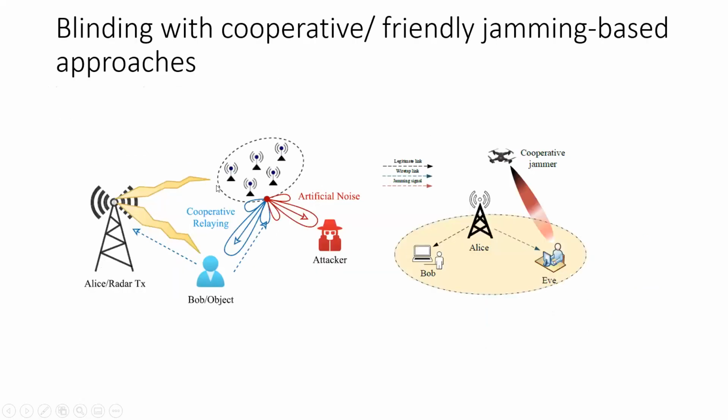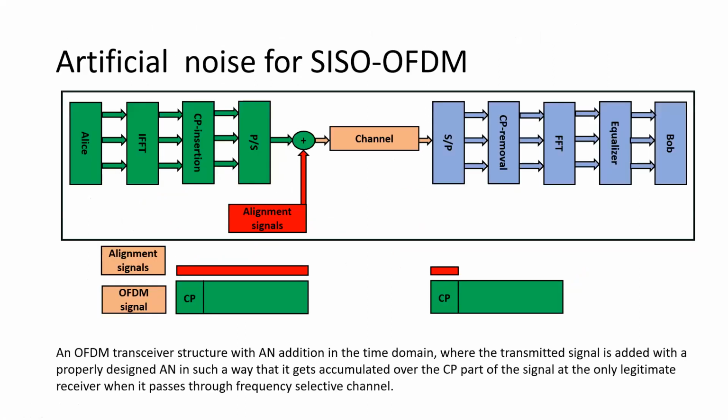Finally, there are other cooperative jamming based security techniques in which a group of relays can launch an artificial noise beam toward the attacker while ensuring a clean signal at the legitimate node. Recently, they are also hiring UAVs as cooperative jammers.